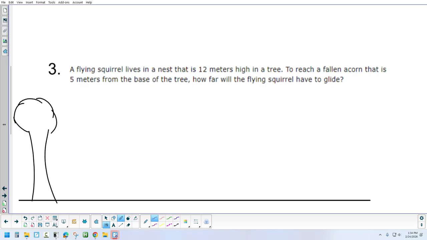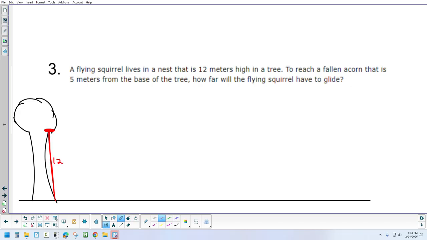And it says that the squirrel lives in a nest in the tree that is how high off the ground? Yeah, 12 meters. So let's say the squirrel nest is right there in the tree. It's 12 meters from that nest all the way straight to the ground.